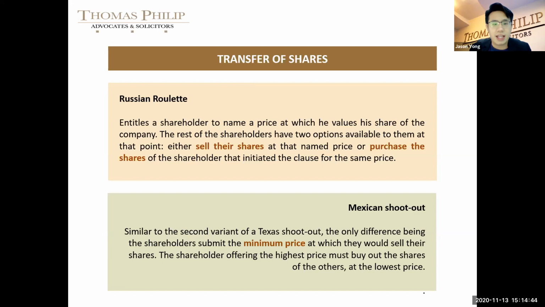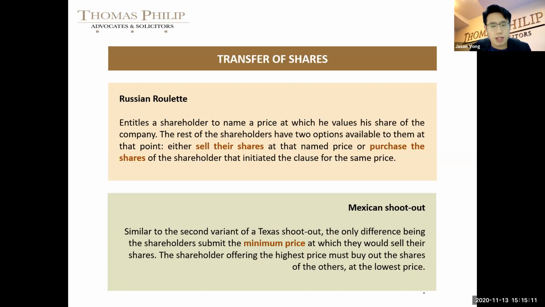The first, they can either sell their shares for 100 ringgit or they can purchase my shares for 100 ringgit. Okay, and then they will be more complex. This is just like a first round of how to transfer the shares, and then if that doesn't work out, there needs to be another clause after that. So you can mix and match these options as long as they make sense.